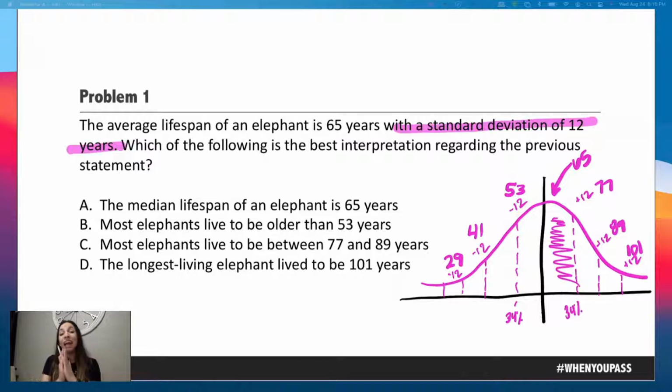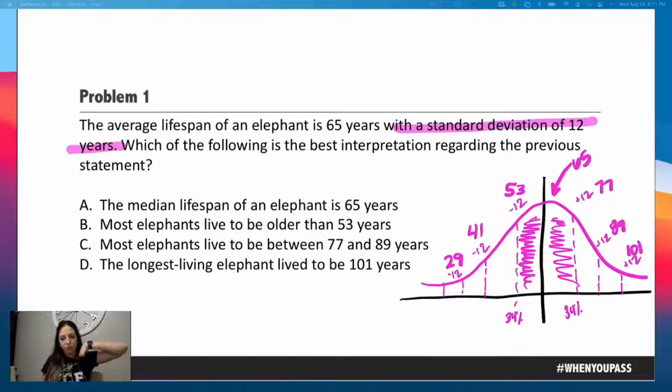And then another 34% of my elephants are going to be between 53 and 65 years old. And then it tapers down from there. This would be a question on GK math. And why is it 34%? Because data analysts figured that out. One standard deviation away from that middle point is going to be approximately 34%.